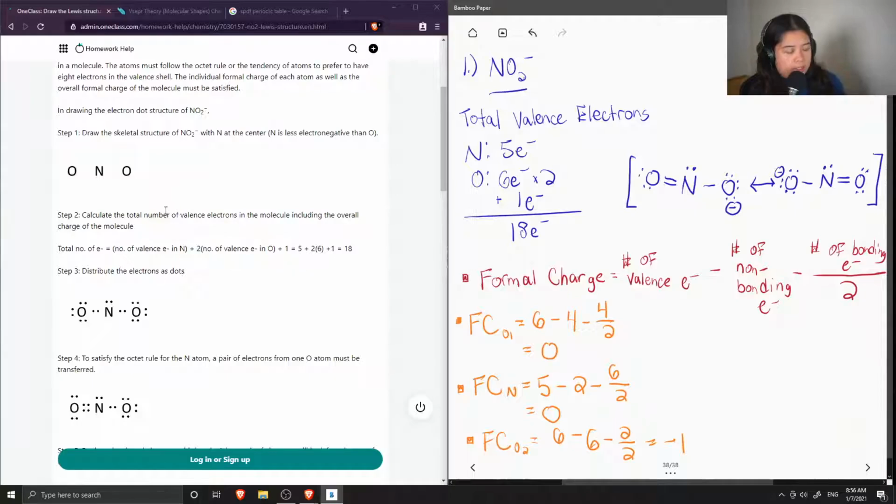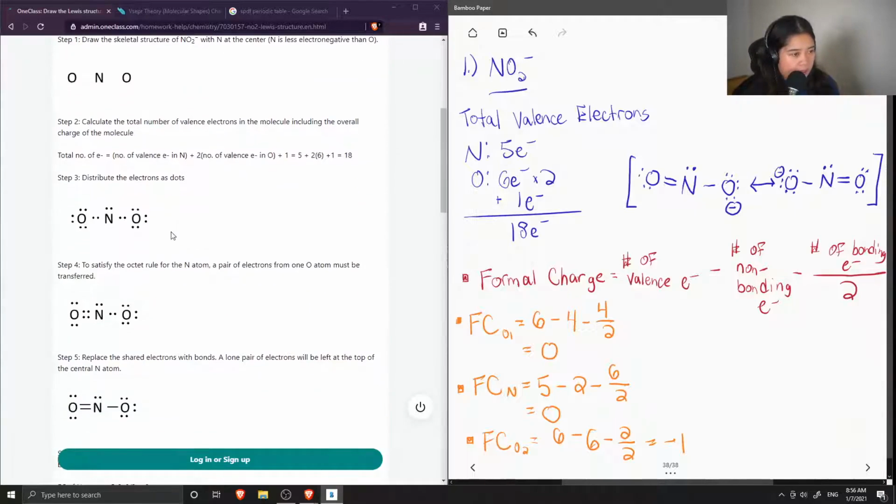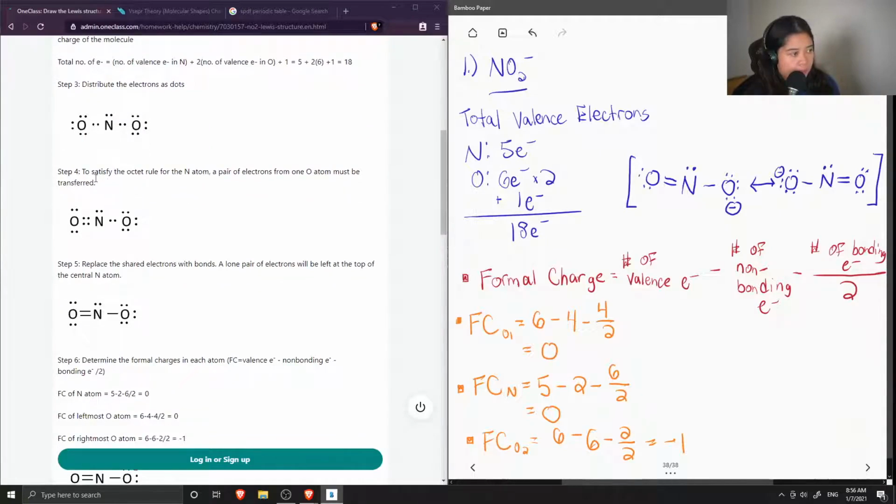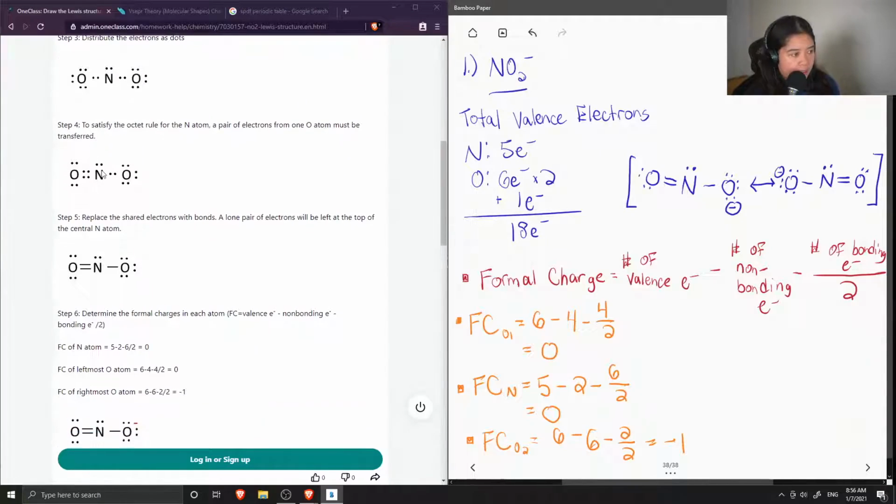Step 2 is to calculate the total number of valence electrons in the molecule. We did this first, but it doesn't really matter what order you do the steps in. Step 3, distribute the electrons as dots. Step 4, to satisfy the octet rule for the nitrogen, a pair of electrons from one oxygen must be transferred.